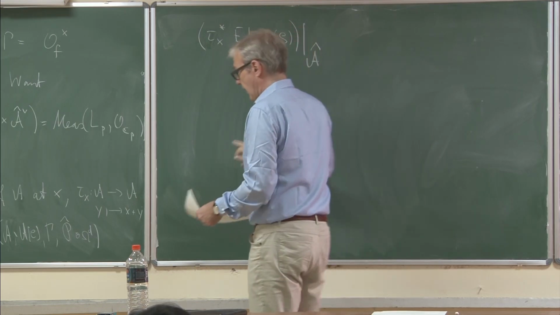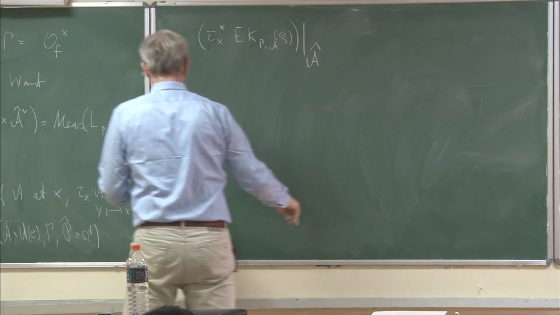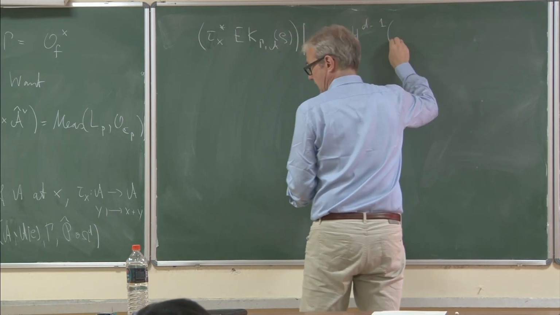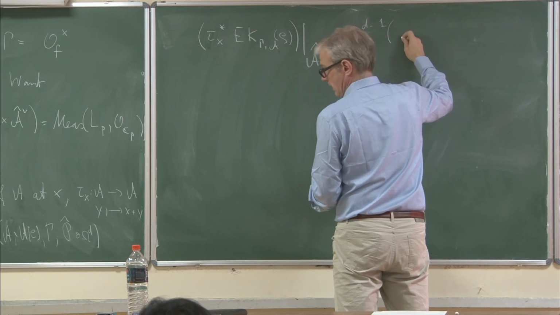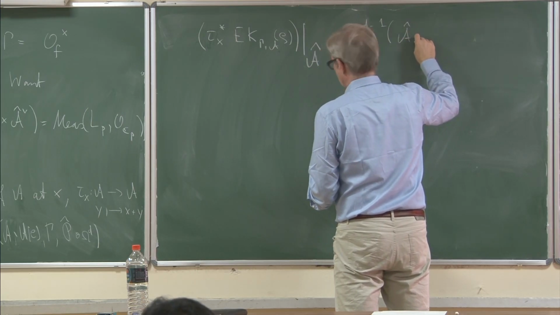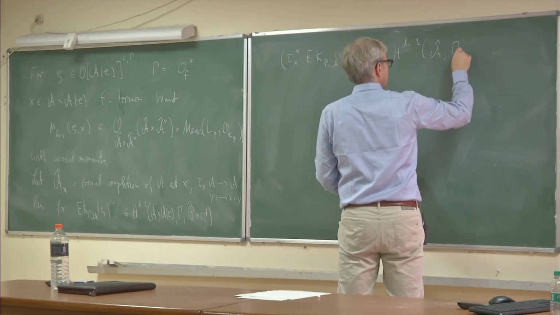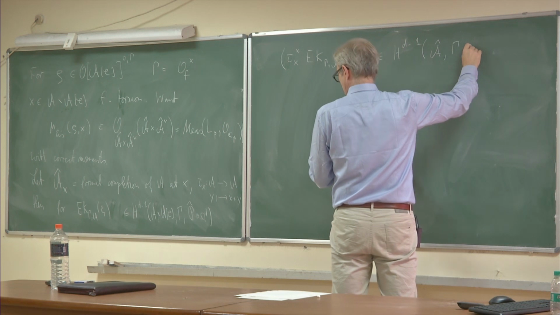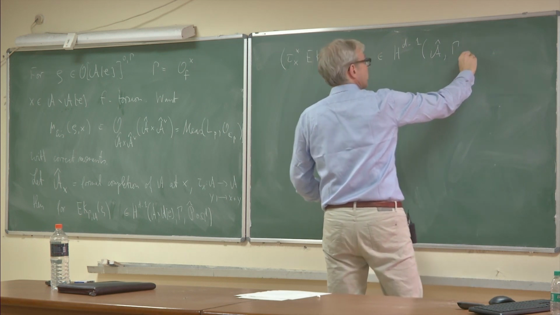Then I get something in H^{d-1} of A hat, gamma, and here I have to restrict the translated Poincaré bundle.